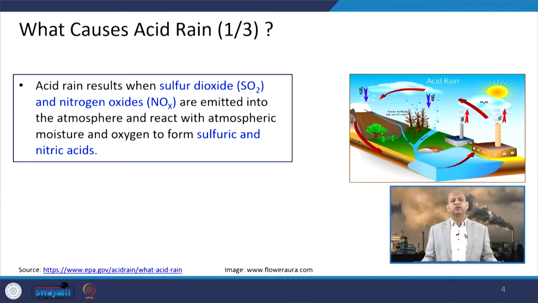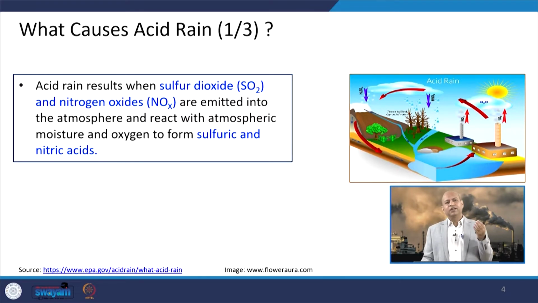The causes of this are basically emissions of air pollutants like oxides of sulfur and oxides of nitrogen, which are emitted into the atmosphere because of several anthropogenic activities where we burn different kinds of fuels, like coal-burning power plants.